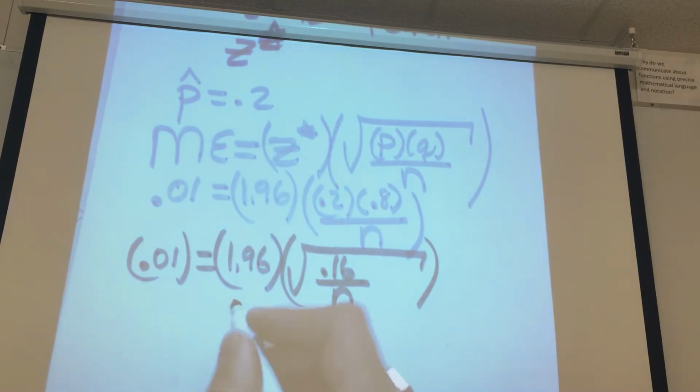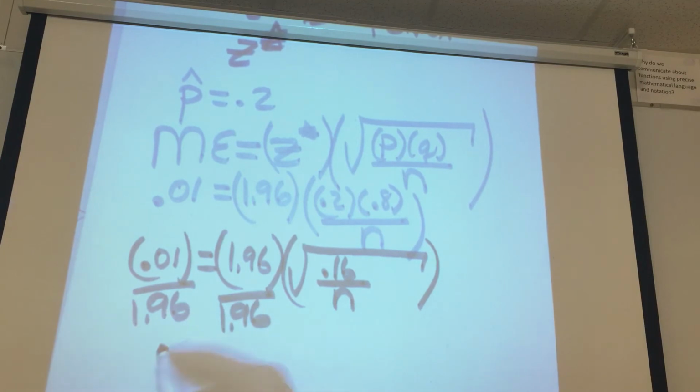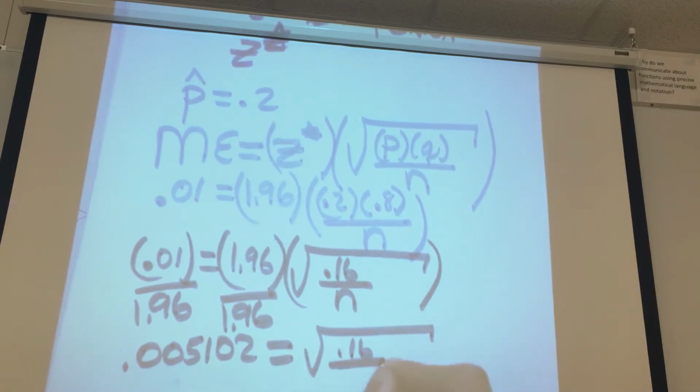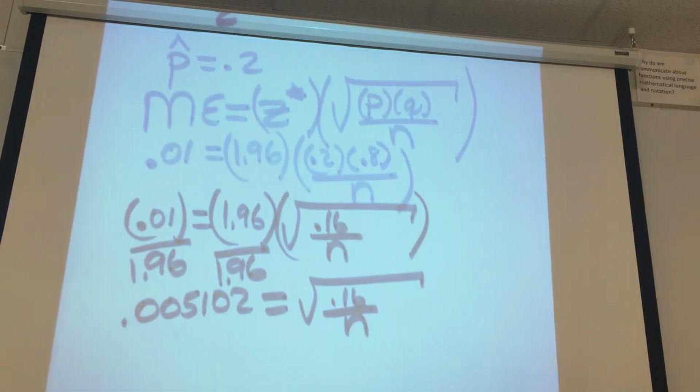You're probably going to want your calculator here. So you get some number, 0.00510, and that equals square root of 0.16 over n. What do I do next? Folks, what do I do next to solve for n? Square both sides, good.